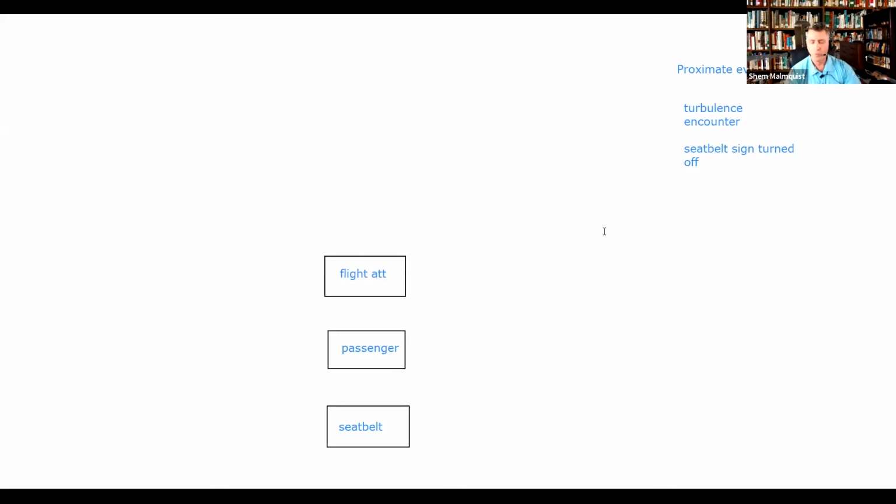And then who would be controlling the flight attendant? I think everyone is agreeing that the pilot or the flight crew. We'll just put pilot to make it easy. And then how about above the pilot?